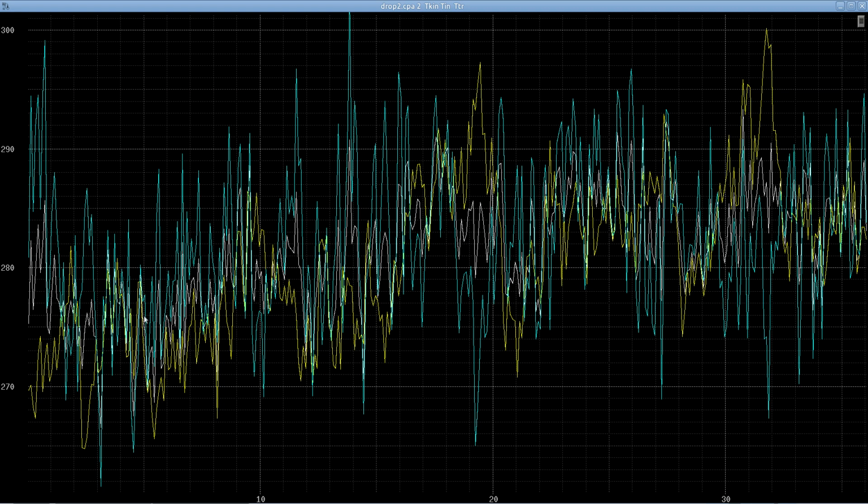Then it's essentially around 275 the temperature, and then it decreases a bit after a small period of time.